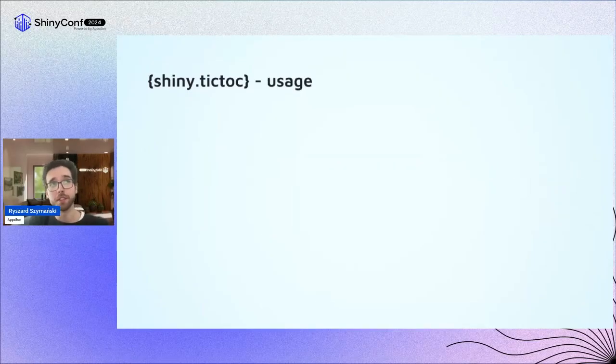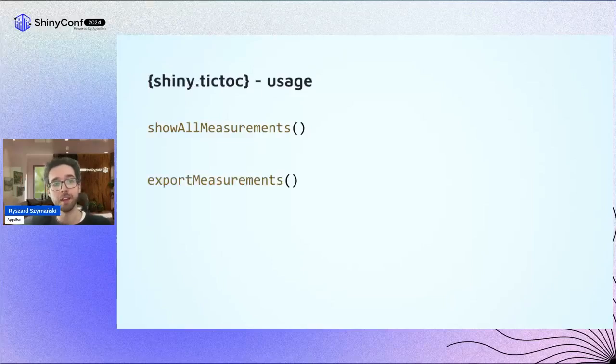When it comes to the usage, apart from the functions we saw in the demonstration, we also have the show all measurements function, which prints out all of the measurements ShinyTictoc made in your app. The export measurements function, which we just saw, exports a CSV file with all of the measurements. The show summarized measurements function will show you the slowest server computation and the slowest output in your app.